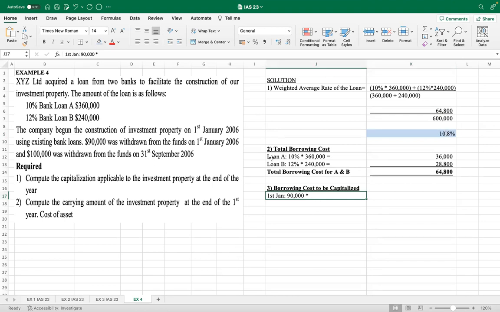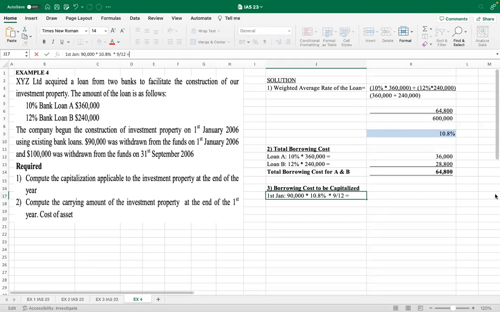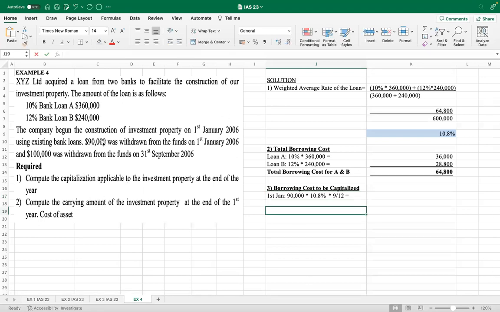So the average interest rate was 10.8%. And this was for 9 months, times 9/12. Why 9/12? It just happens that all the questions I've selected end on September 31st.